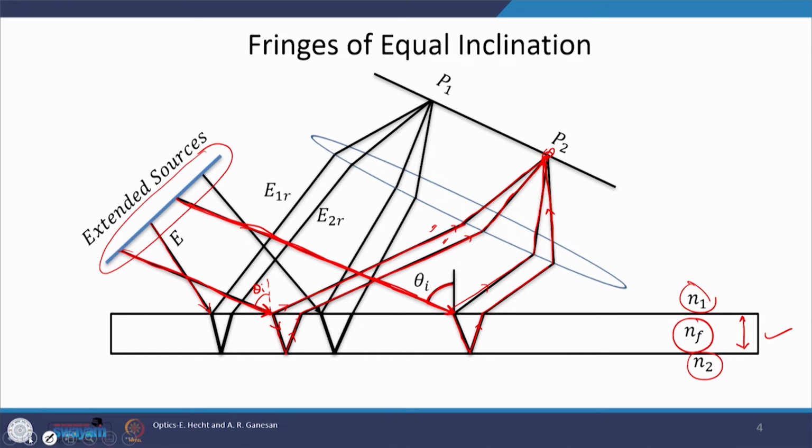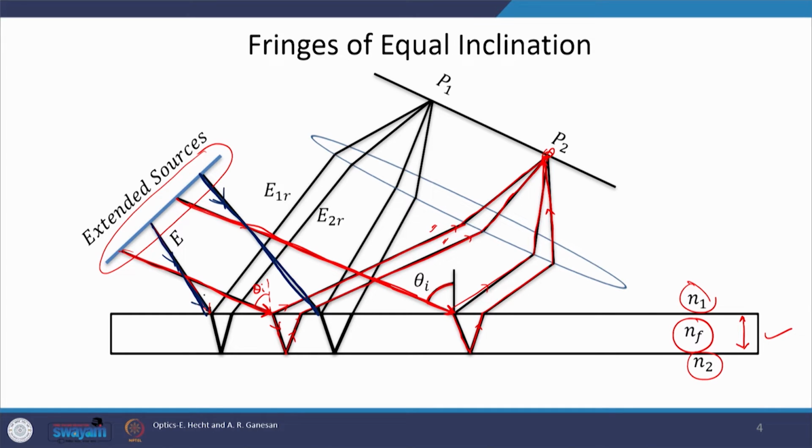Similarly, the rays which are again parallel, but inclined at a different angle, this blue line represents the second set of rays. This is again a parallel beam of light, but with a different inclination with respect to the first interface of the thin film.